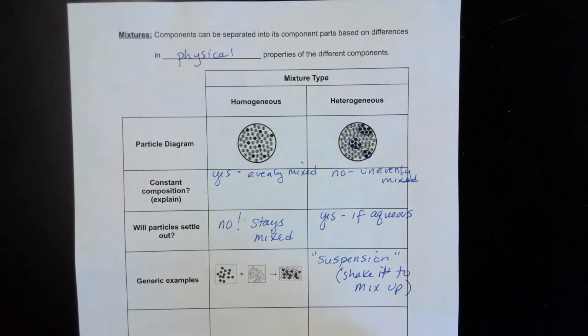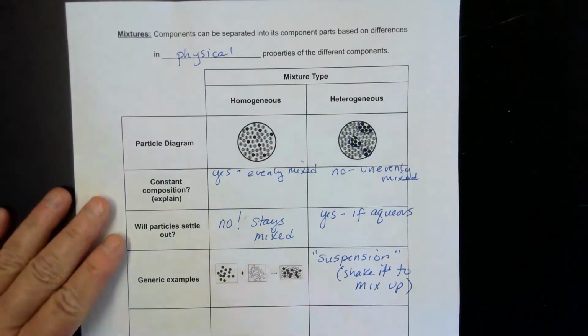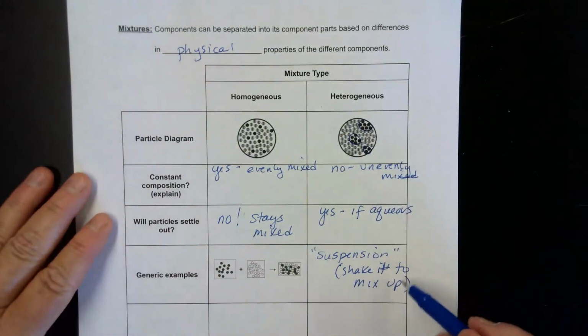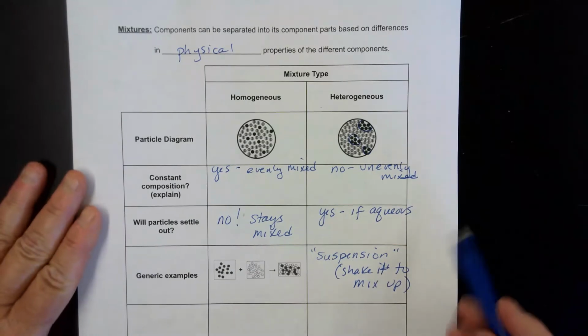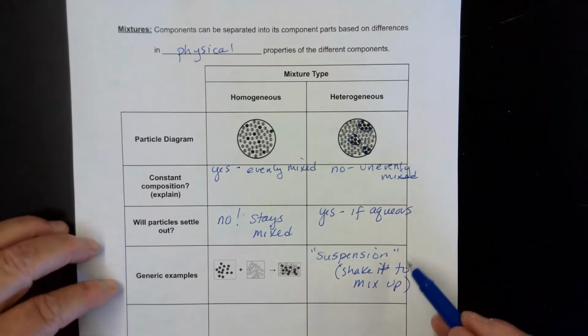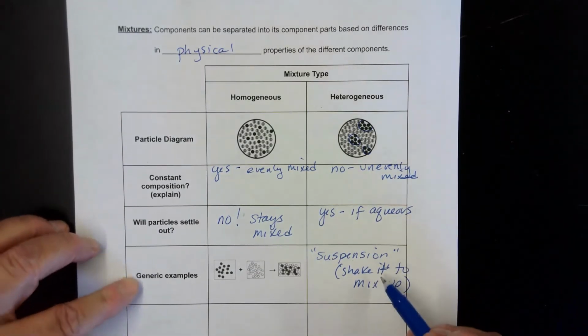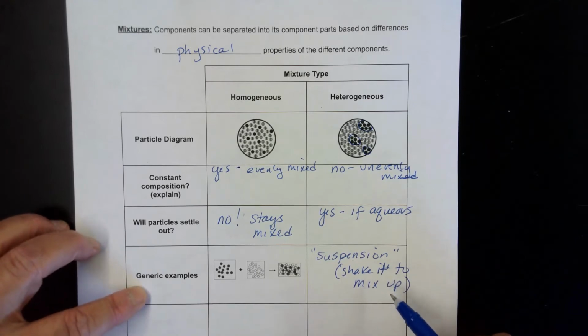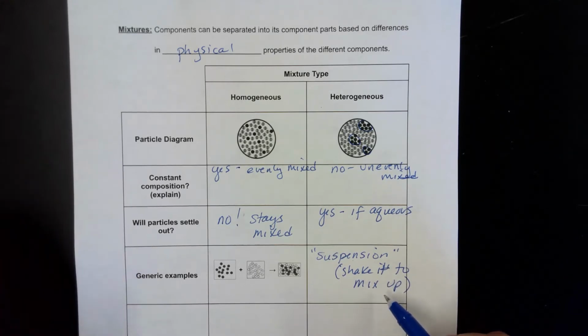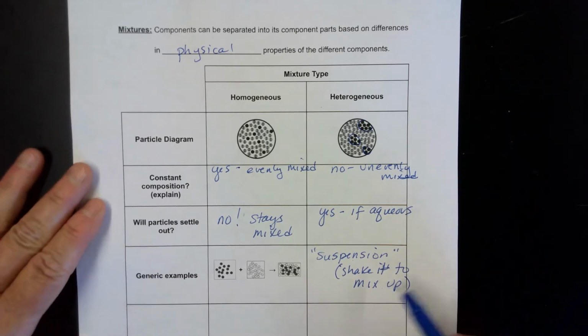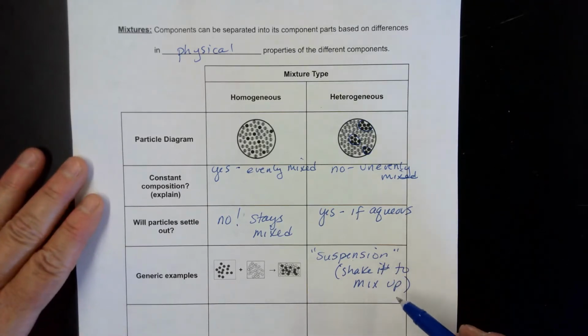You might think of Italian salad dressing, which has to be shaken before you use it. Not Alka-Seltzer. Pepto-Bismol has to be shaken. It's a medicine for indigestion. You have to shake that up before you can drink it. Orange juice, the kind that has pulp in it, you have to shake it for the pulp to get mixed throughout. But eventually the pulp is going to settle.